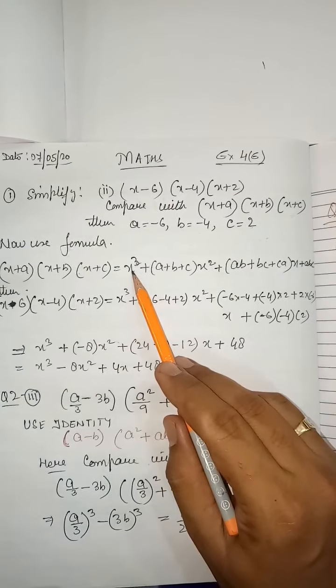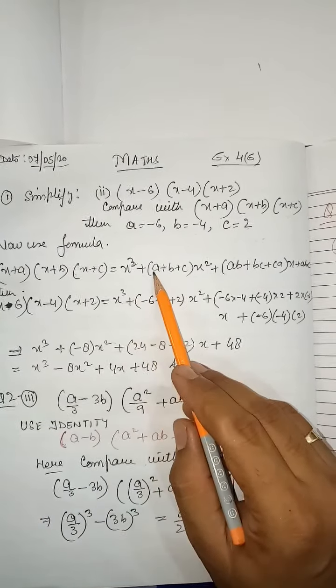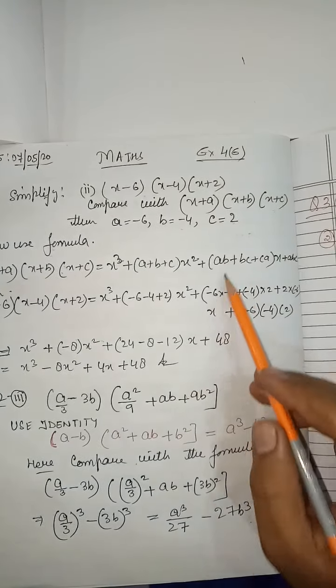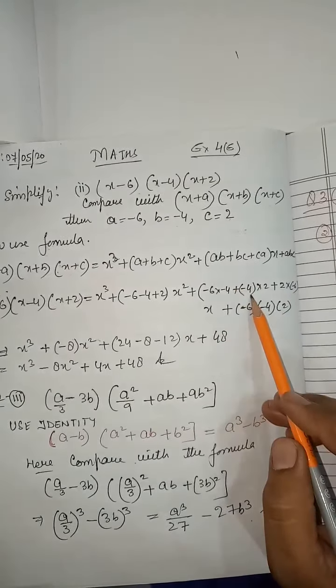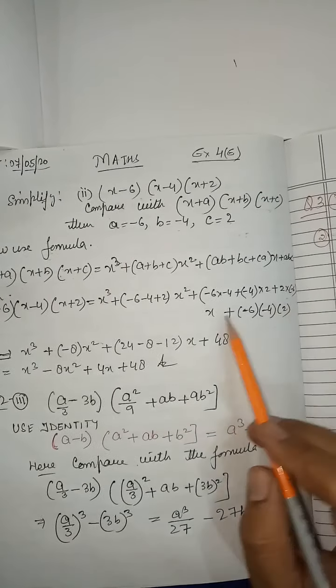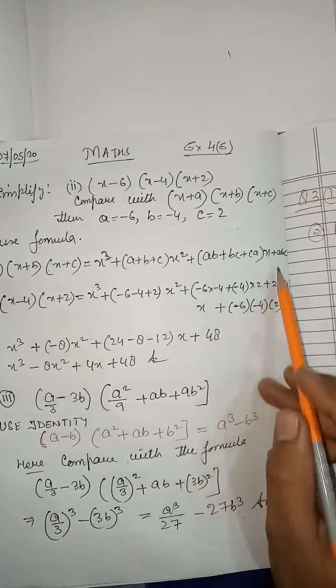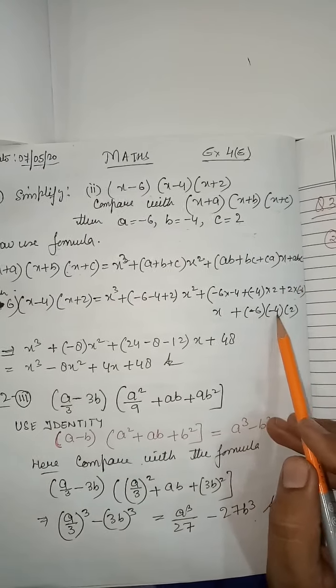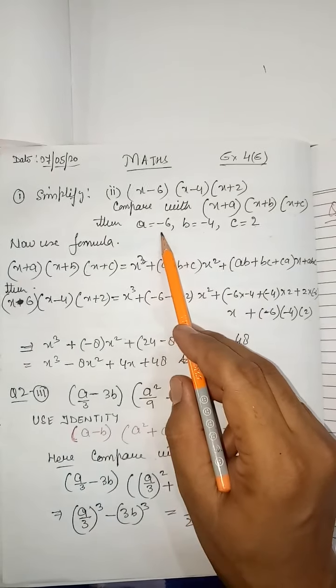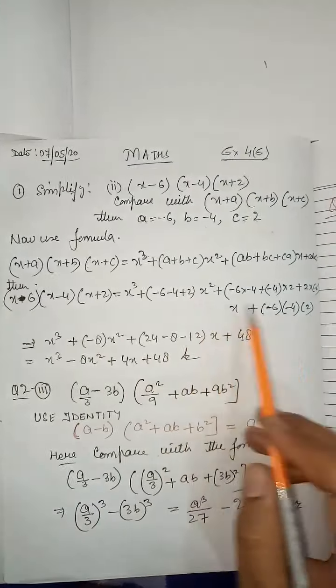Now substitute the value x cube and the value of a, b and c, similarly ab, bc and ca, and then into x plus abc, which means minus 6, minus 4 and 2. Substitute the value from here, okay, and simplify.